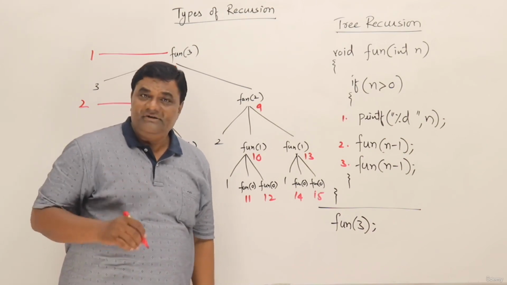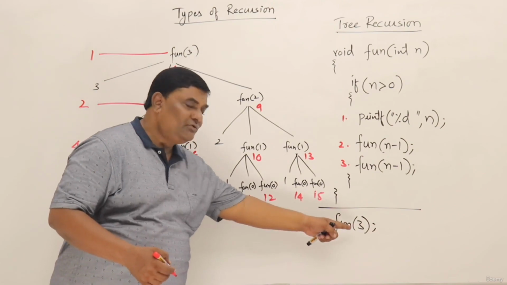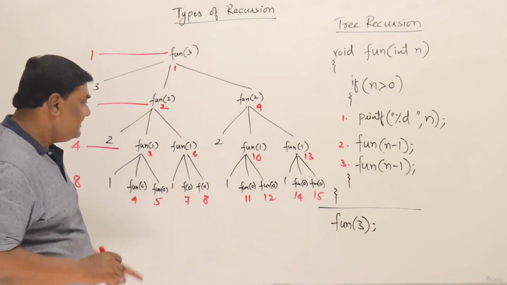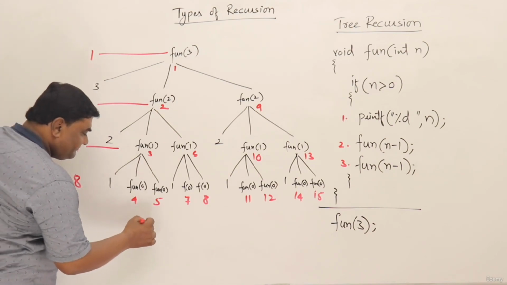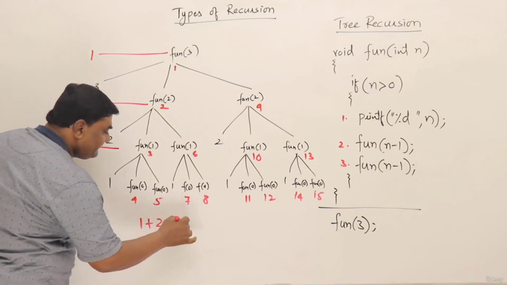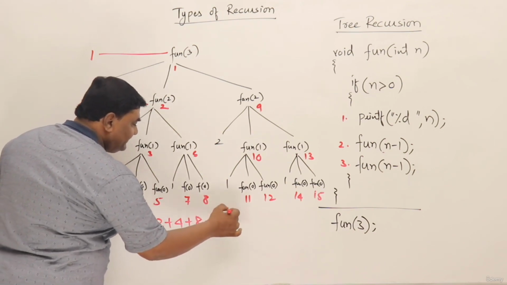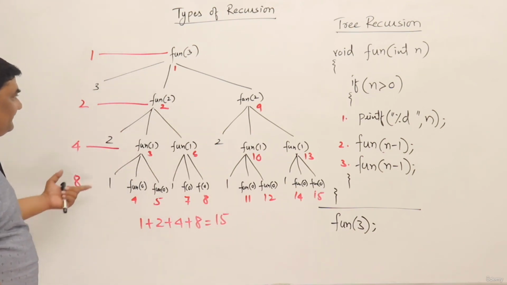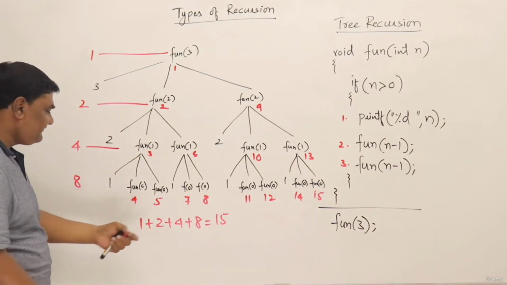Then how many calls may it have? So let us analyze this. For any value of n, how many calls will it be? Let us sum up all these. So I will take the sum of all those: 1 plus 2 plus 4 plus 8. This is a total of 15. Yes, we know this. Count all of them, that is 15, or add all these, you get 15.